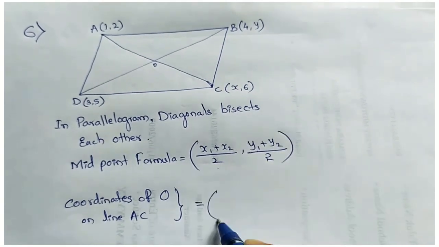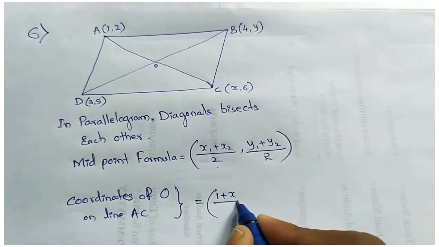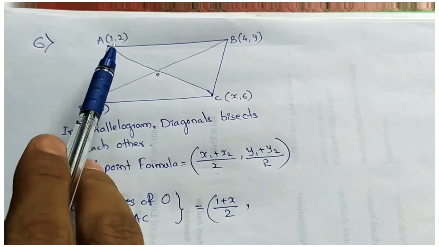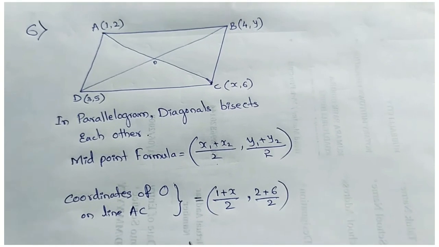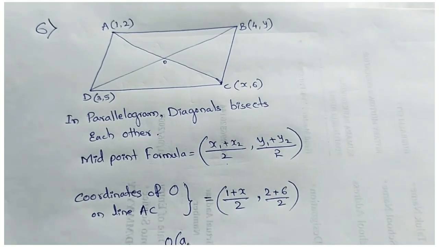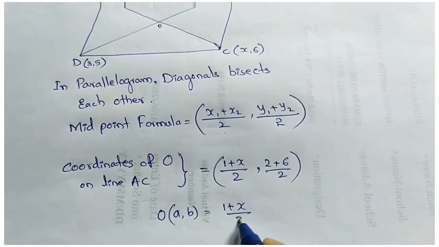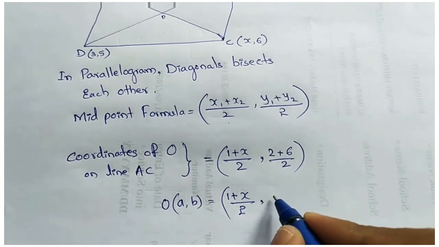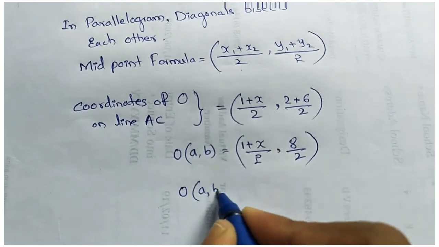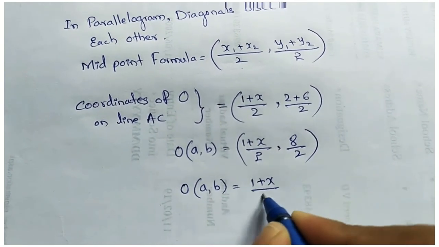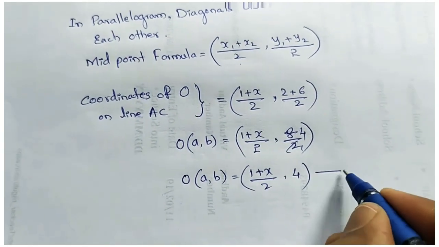Here x1 plus x2 is 1 plus x by 2, and y1 plus y2 is 2 plus 6 by 2. 1 plus x we can't add, so keep it like that, by 2. 2 plus 6 is 8 by 2. So we get the coordinates of O as (1 plus x by 2, 4). Let's call this equation number 1.